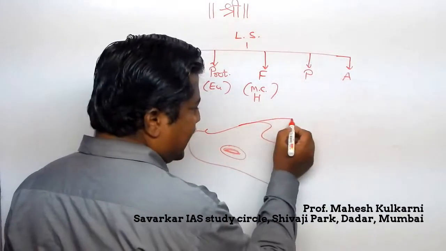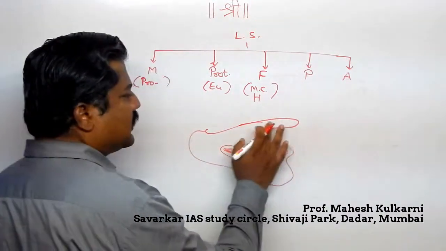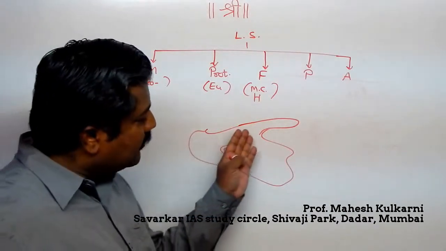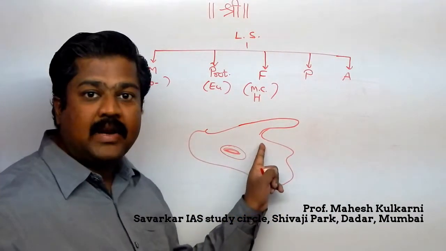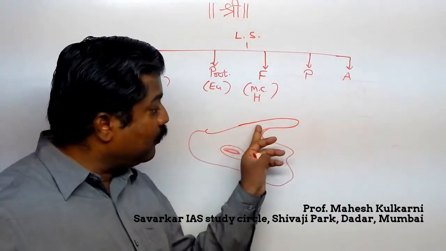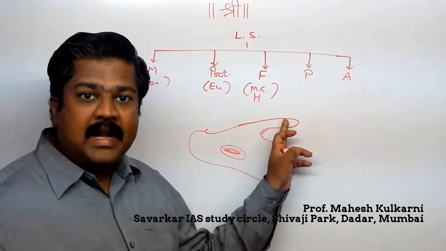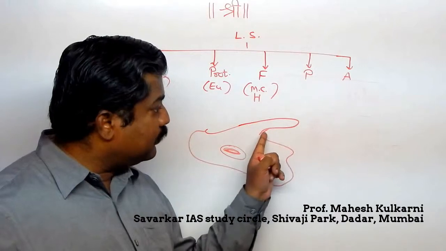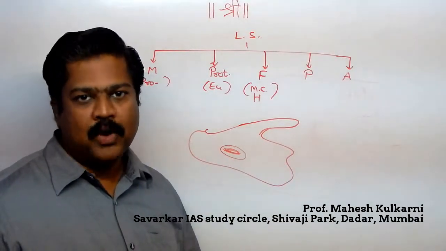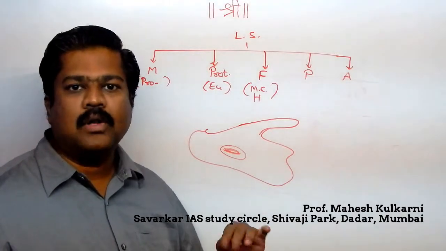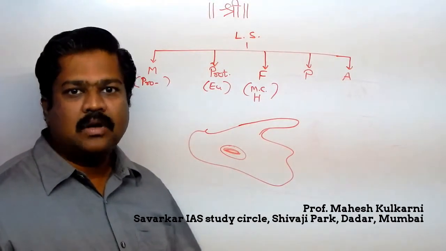Some plasma membrane can produce motion. Protoplasm means whatever inside the cytoplasm, that is called as protoplasm. It is moving over there, and like that, some foot-like part is produced over there. We are calling that as pseudopodia. Pseudo stands for false. Podia stands for leg.